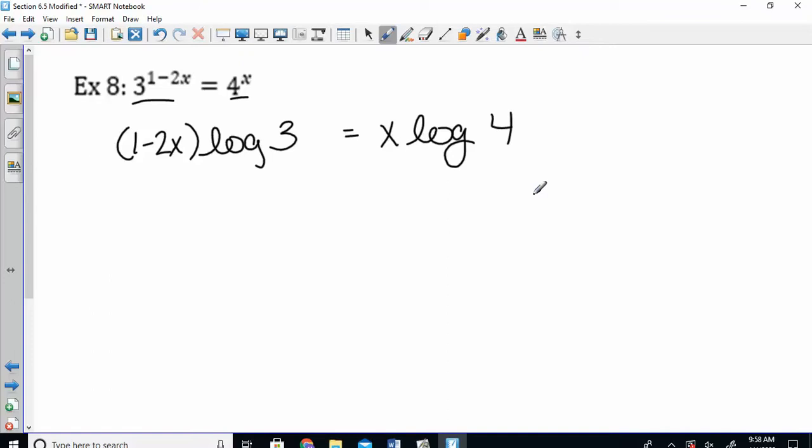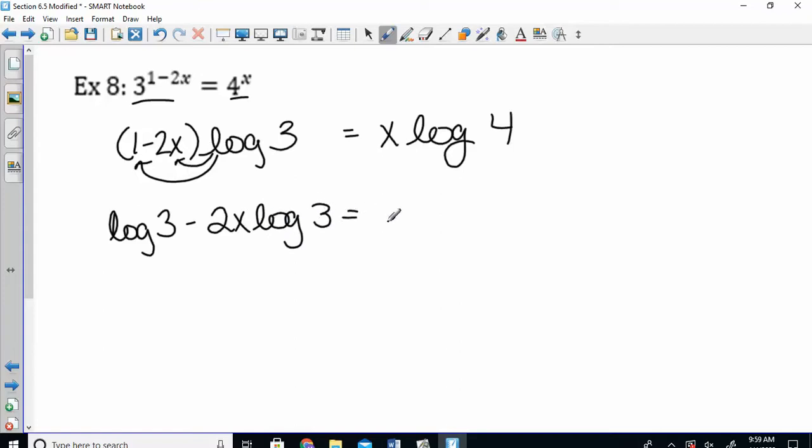Since I have more than one x, what am I going to do? Subtract it over. Let's go ahead and distribute this first, and then we can put them on the same side. So it'd just be 1 log 3 or log 3 minus 2x log 3 equals x log 4.